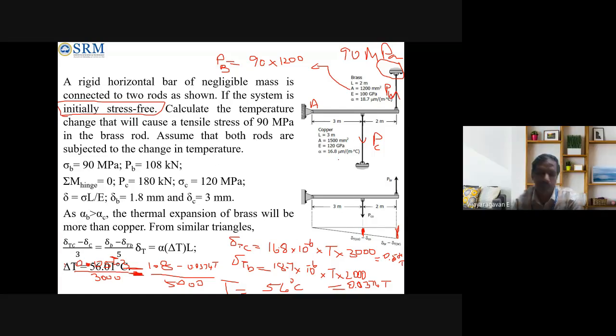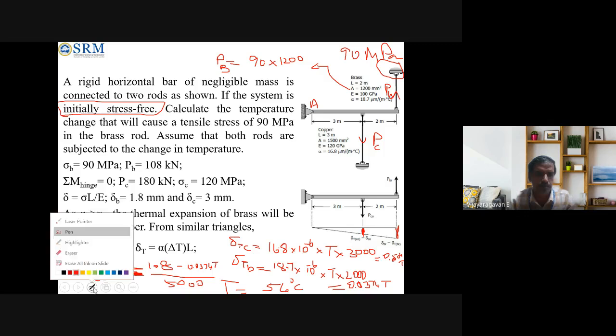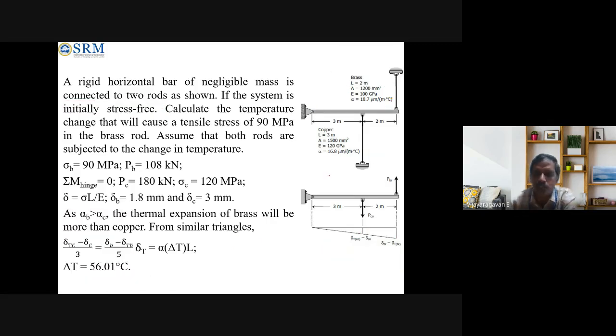Yes. In this case, we know that the thermal expansion of brass is higher, brass is 18 and copper is 16, so brass is going to expand more compared to copper. In this triangle, the load for copper is 180 kilonewton acting like this, and for brass it is 108 kilonewton acting like this, upwards, and this is acting downwards.